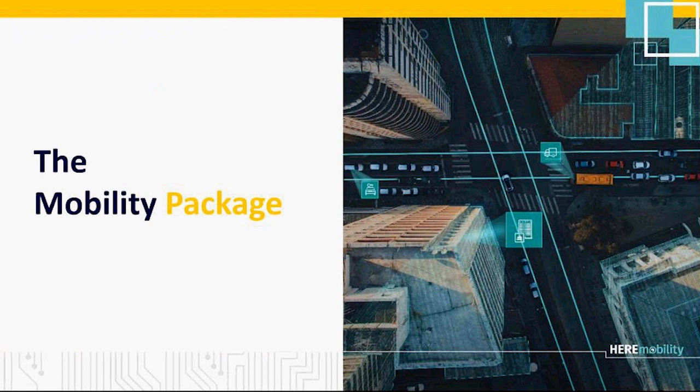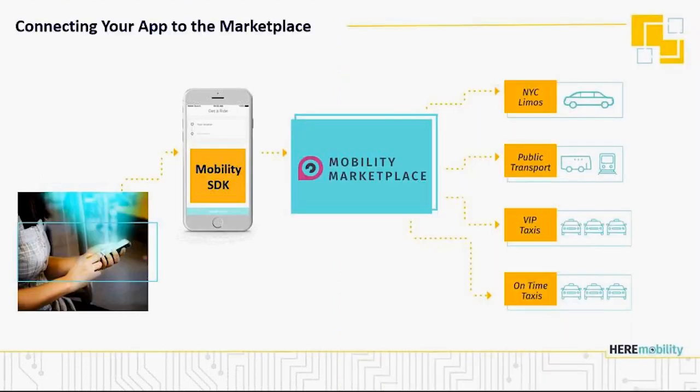The Mobility package. When you integrate the Mobility SDK into your application, your users immediately gain all the benefits of marketplace consumers. How does it work? Once the SDK is integrated, your application is connected to our Mobility Marketplace. The Marketplace aggregates a variety of mobility providers.